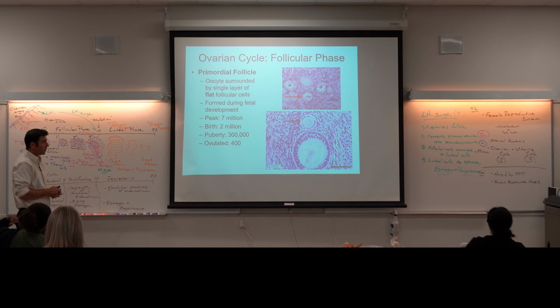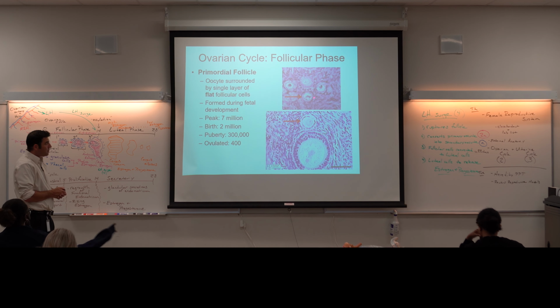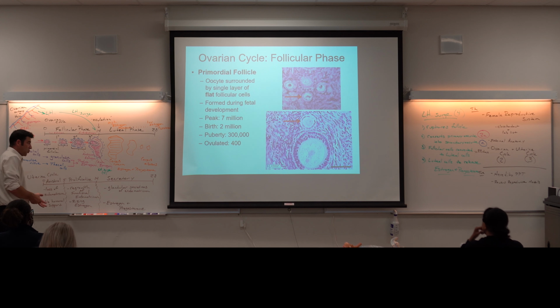Here are some actual pictures of this. You can see primordial follicles. These are the ones that have squamous shaped cells around their edge. These are not producing measurable levels of estrogen. They actually peak before birth in terms of production number in ovaries.